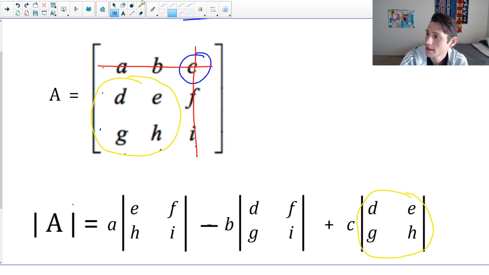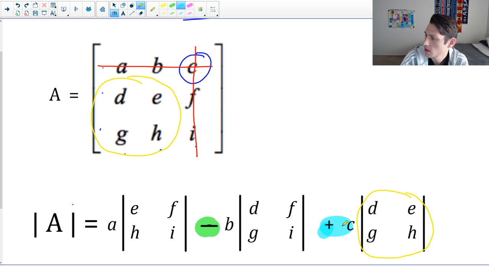Now, a really key thing to note is that this is a minus sign, while all these other ones are positive, right?